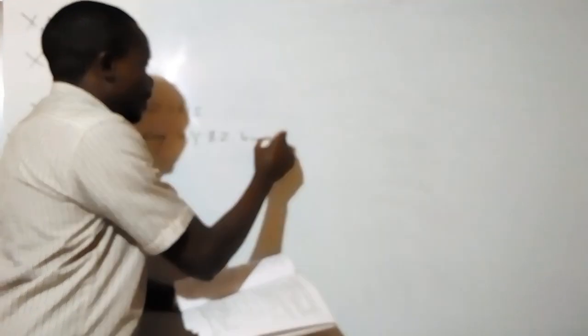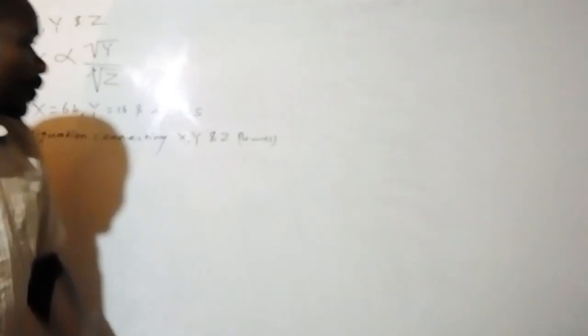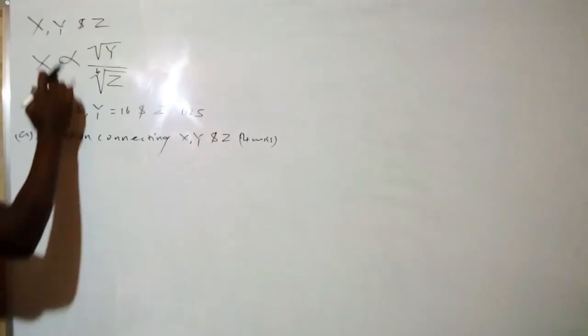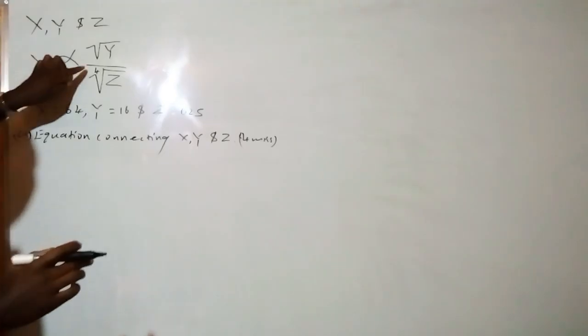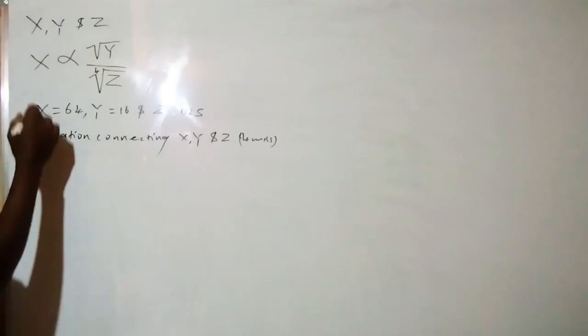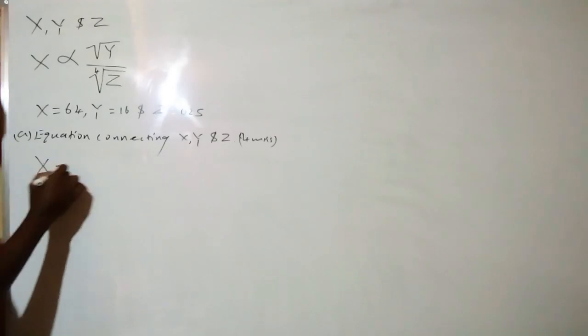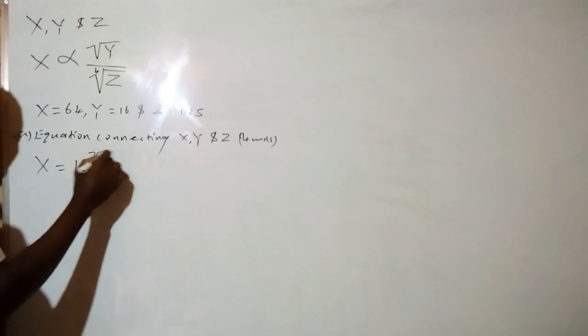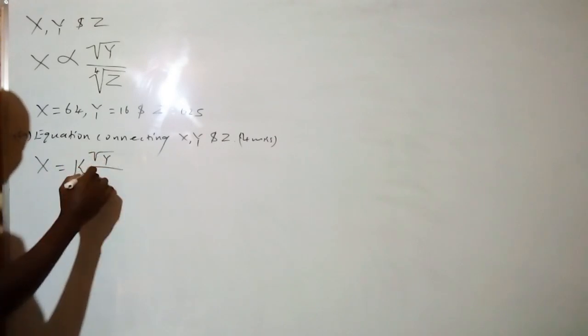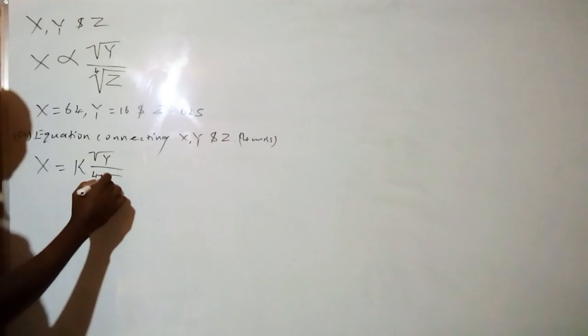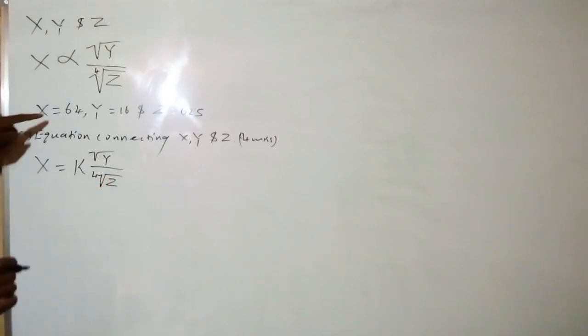The first thing that we are going to do is eliminate this symbol by equating with a constant. We are supposed to have a constant. We say that x is equal to k root y all over the 4th root of z. The value of x we are given is 64.